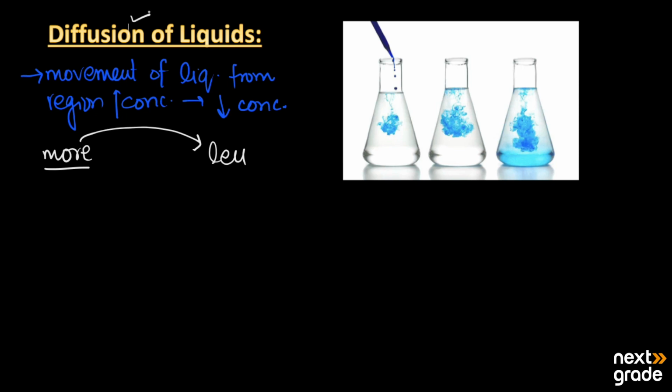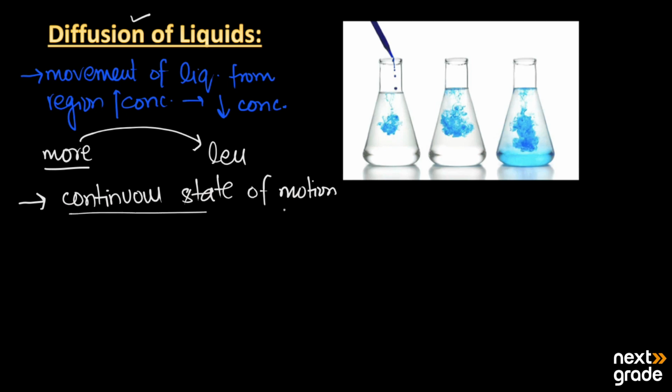So diffusion can also happen in liquids. Why does this happen? This is because the particles in liquids are in a continuous state of motion. When they are moving continuously, the molecules of the liquid will move from higher concentration towards lower concentration.